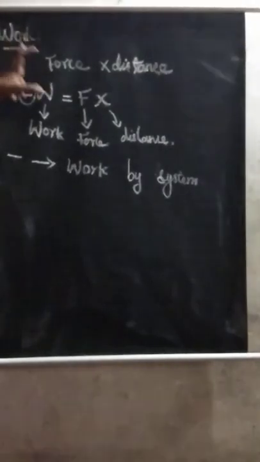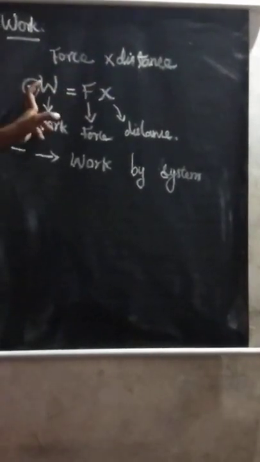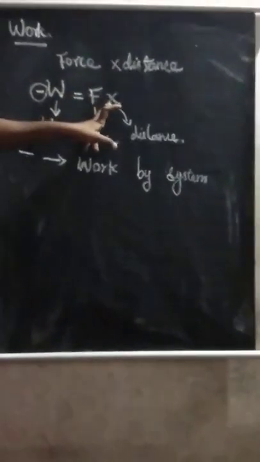So what is meant by work? Work is defined as force multiplied by distance. Mathematically, we write the formula minus W is equal to F into X. The negative sign indicates work has been done by the system.